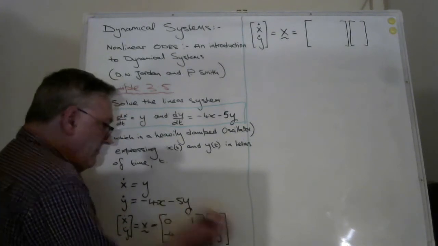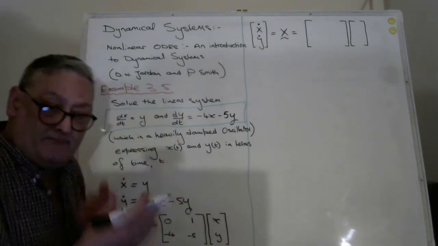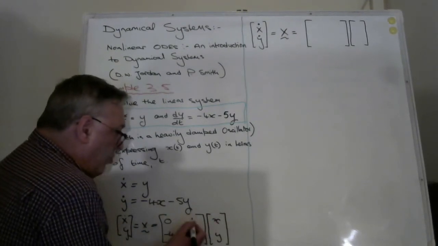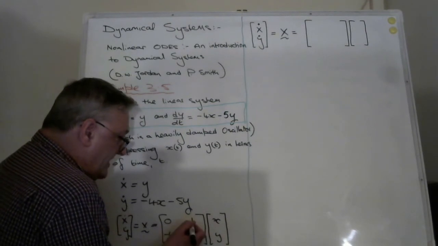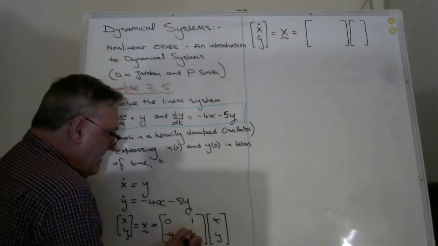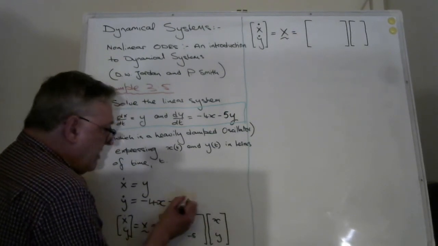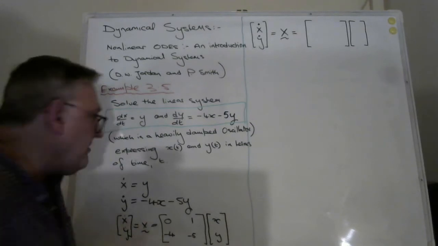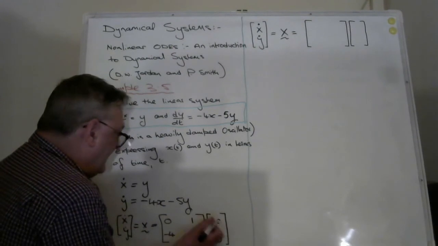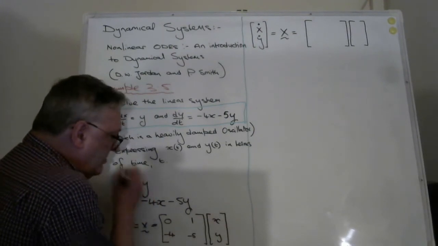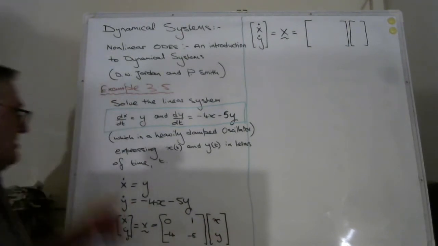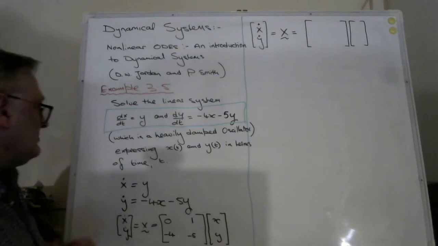Because when you multiply by the rules of simple matrix multiplication, you would have 0 times x is 0, 1 times y is y, and minus 4 times x is minus 4x, and minus 5 times y is minus 5y. So I'll just quickly run through that again. To get back to this system, we've got 0 times x, which is just 0, plus 1 times y, which is just y. And of course, you just write that as being x dot equal to y.